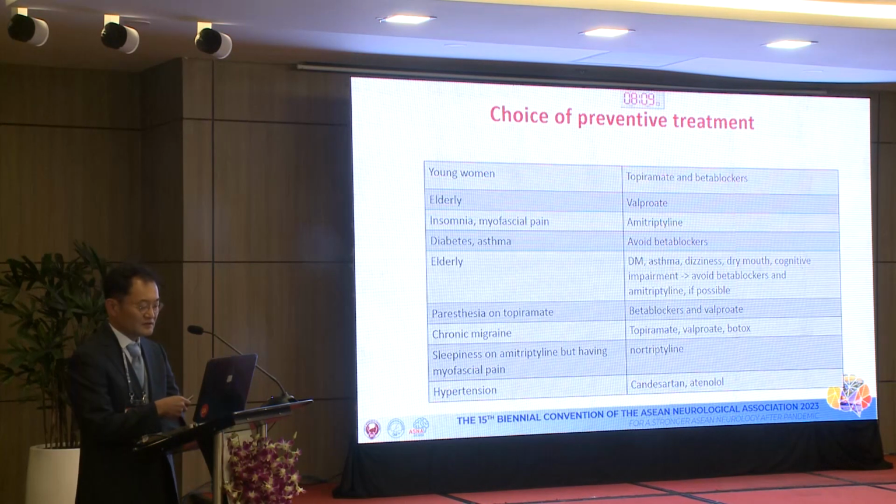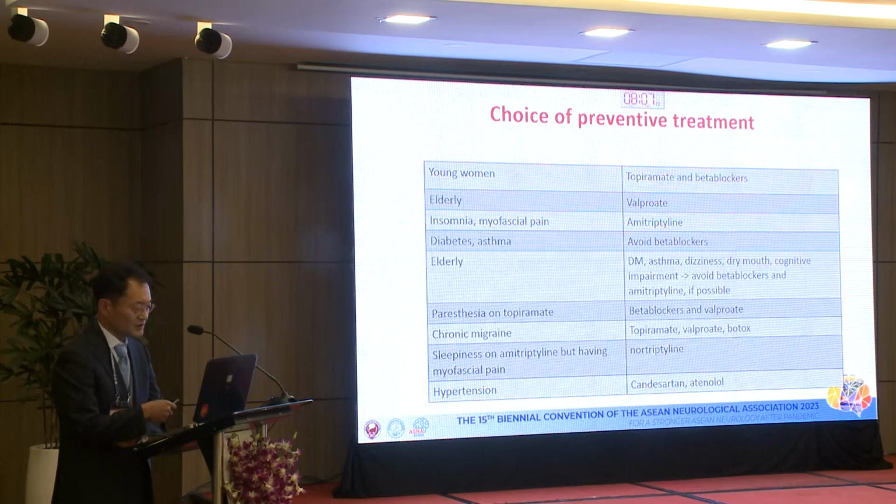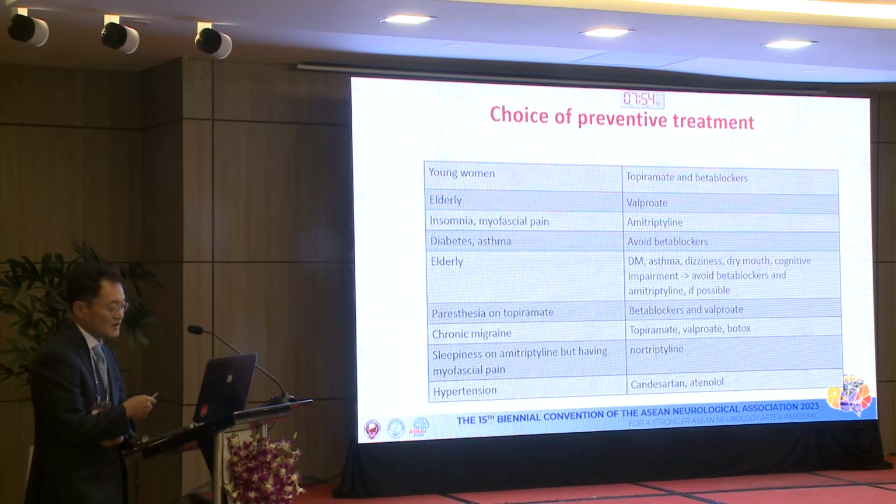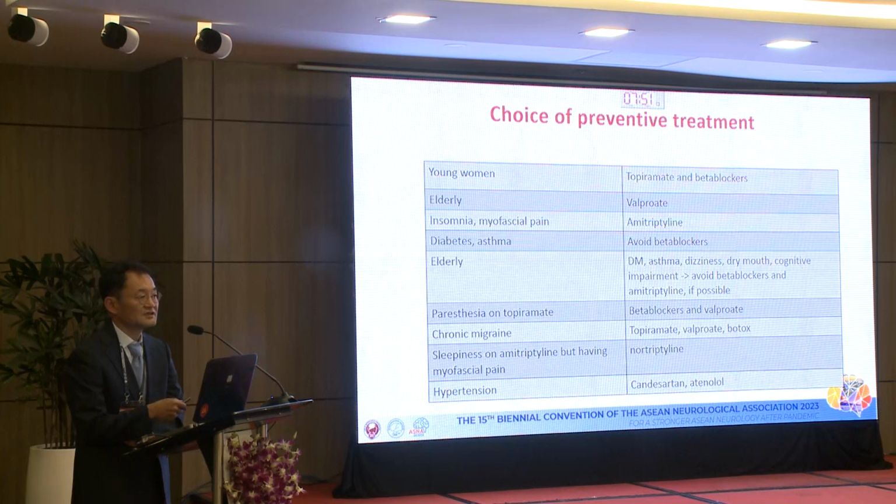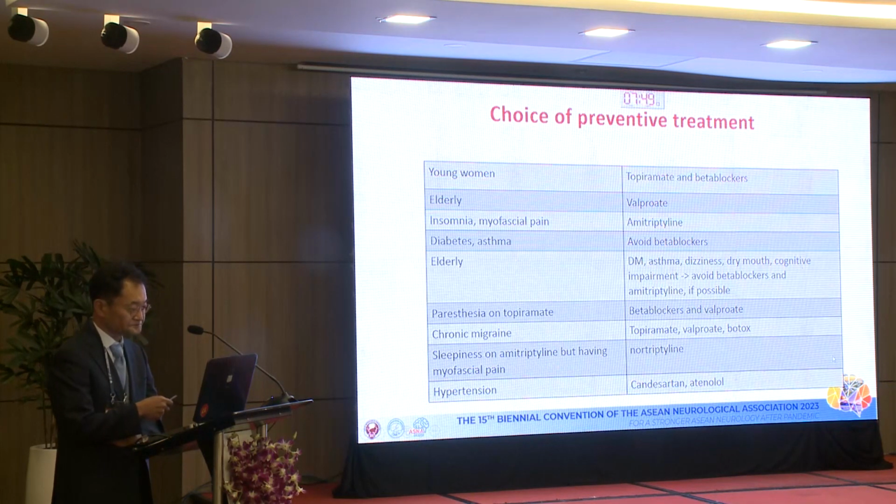For paresthesia with topiramate, beta blockers, and valproate, and for chronic migraine, topiramate, valproate, and Botox. For sleepiness on amitriptyline but having myofascial pain, nortriptyline can be an alternative. For hypertension, candesartan and atenolol can be considered.